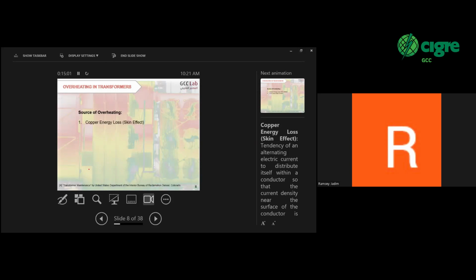The winding is made of copper, and usually the middle inside the copper is the hottest area. Then, if there is any problem in the load or an increase in the currents in the winding, the heat will be diffused to the outside of the copper. It's coming to the paper like this.